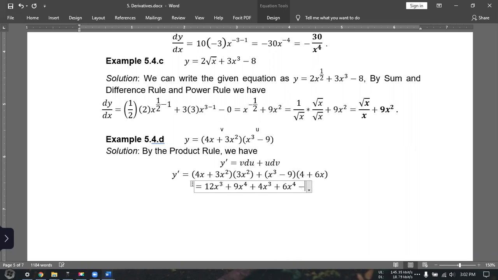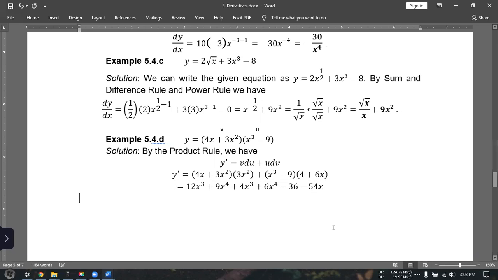Inner terms, we have 36. And then the last terms, 9 times 6 is 54. Arrange in descending power of x. 9x to the fourth? Should be 15x to the fourth.